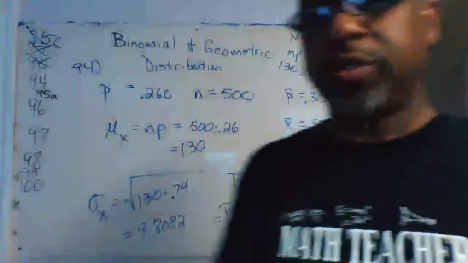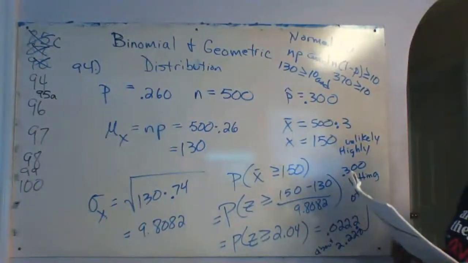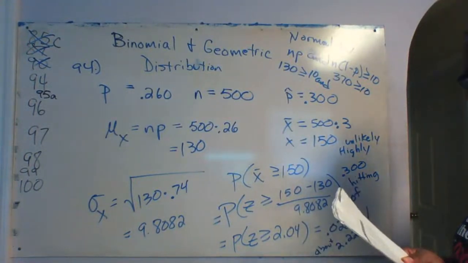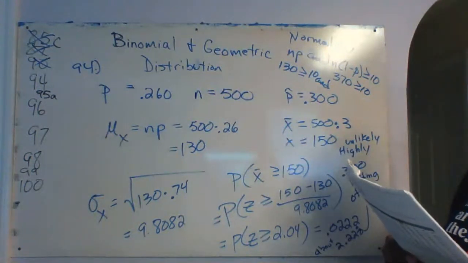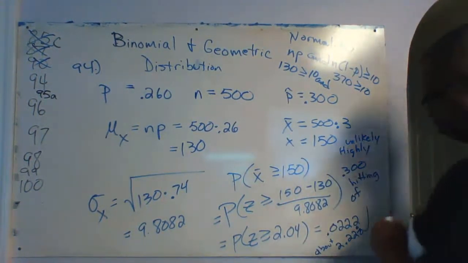Okay, go to your Z-score table and look up. Oh, so it should be 0.4. You're right. Okay, so if I do 204, should be 207. My bad.